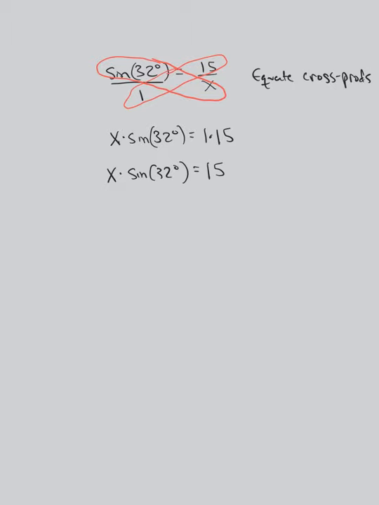Since I'm just multiplying x by a number, but I want to isolate it, I would divide both sides by the sine of 32 degrees. And see here, they'll cancel. And so what do we have? We have x is equal to 15 over the sine of 32 degrees.